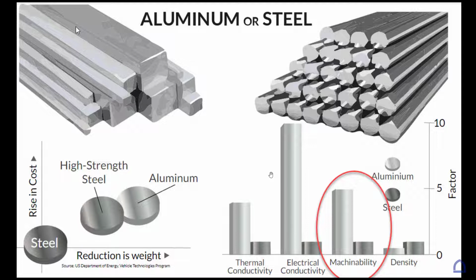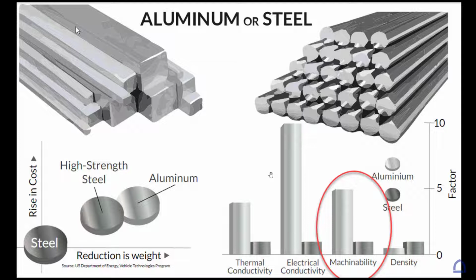Its machinability is almost 4 times more than steel, which means it requires very little energy for machining compared to steel. And also, aluminum is more recyclable. The recycling of aluminum saves almost 95% of the total energy used for production from the raw material.